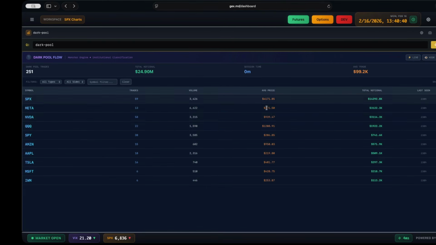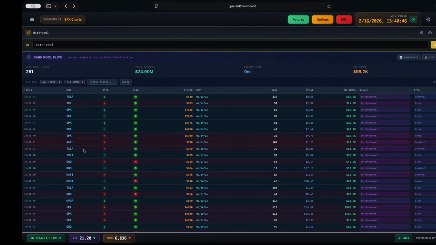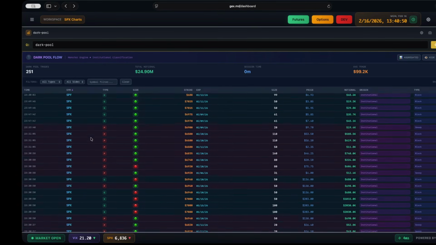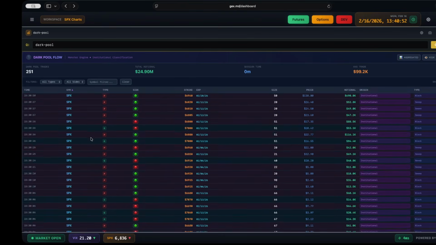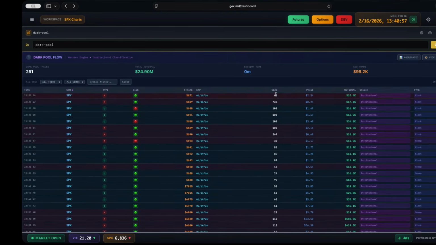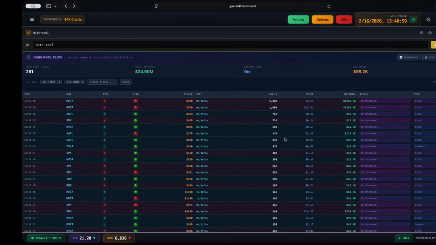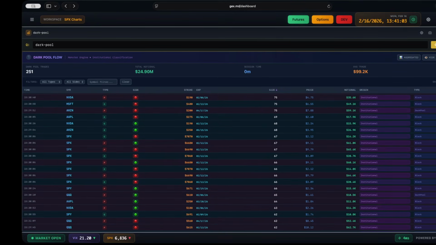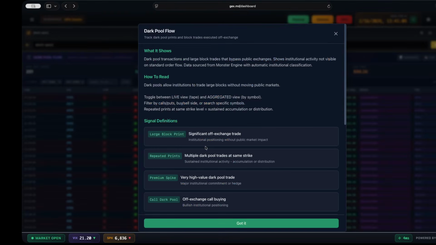You can use it in aggregation, so you can count everything together, or you can go strike by strike and organize by ticker, and then you can see all. So you can go one by one and see how big it is, which is the biggest one. And then you can go to the help and read how to use it.